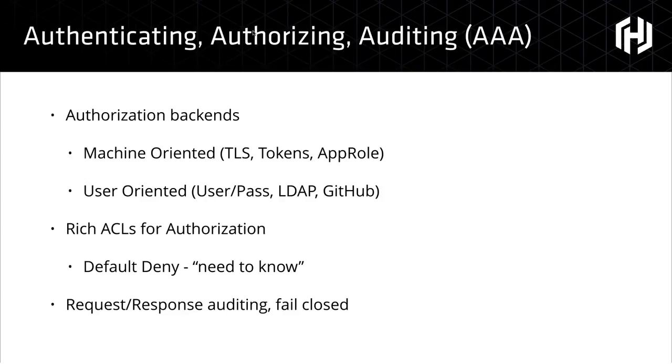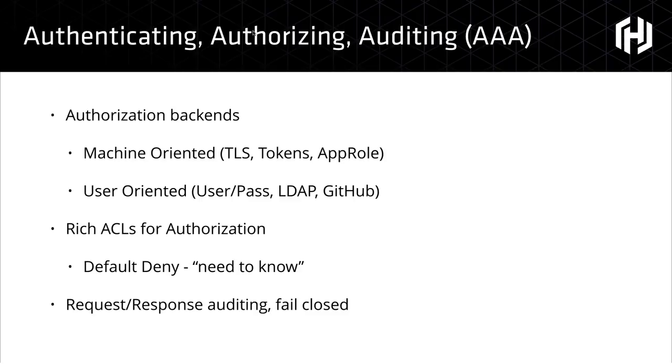And the key with all of this is really what we're trying to provide as we're centralizing our secret access is a way of providing authentication, authorization, and auditing in a uniform way across all of these different systems. And to that end, we have a few challenges. On the authentication side, we have two different real classes of entities that need to authenticate.